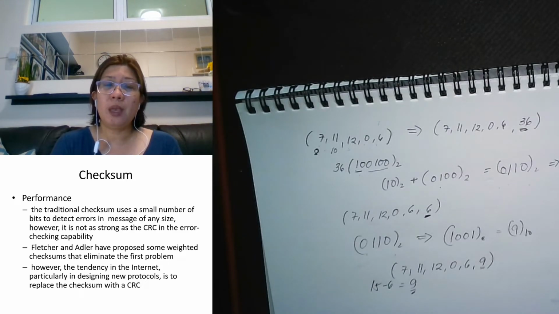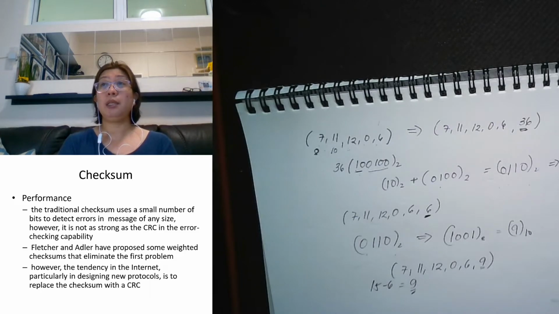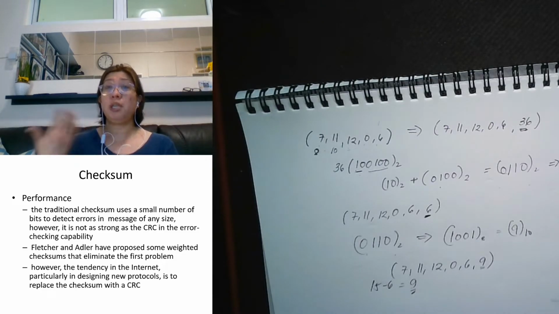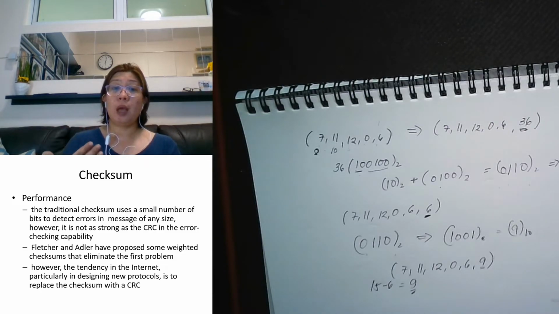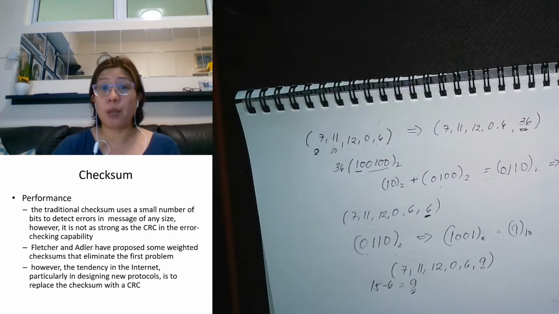Through tests and actual work, CRC is said to be more capable compared with the checksum. But anyway, we still have to discuss this so that you have an idea regarding the checksum technique.